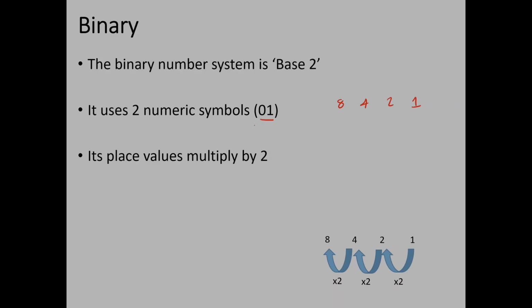We can only use 0 and 1. So if I place just at random some 0s and 1s in here, we've got no 8s, we've got a 4, we've got no 2s, and we've got a 1. So if we add these up, that gives us 5. So this is the binary for the decimal value 5.